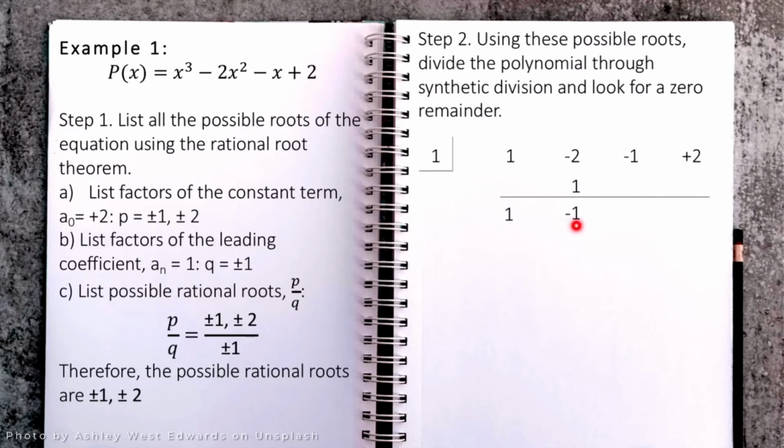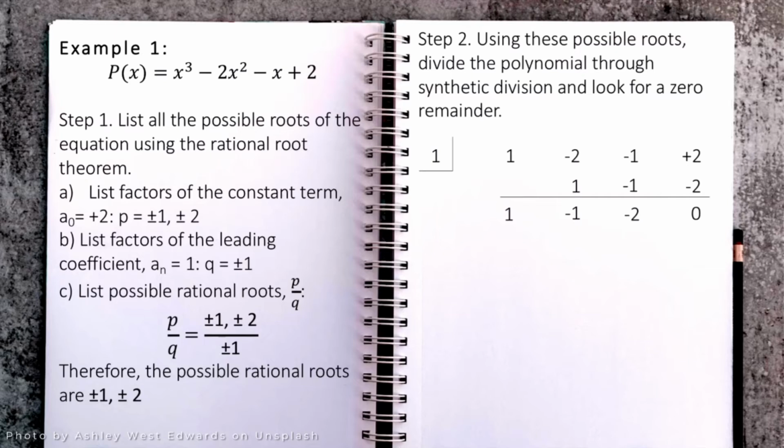Then multiply again. Negative 1 times 1 is negative 1. And then add again. Negative 1 plus negative 1 is negative 2. Then multiply. Negative 2 times 1 is negative 2. Then add. Positive 2 plus negative 2 is 0. Now, as you can see, the remainder is equal to 0. Therefore, positive 1 is a zero of this polynomial function.